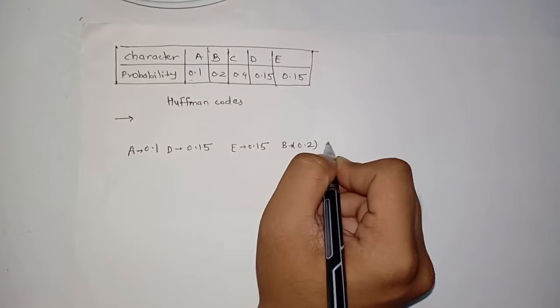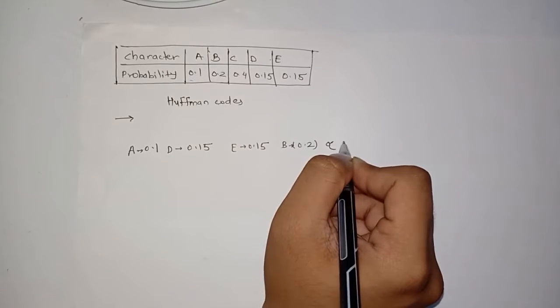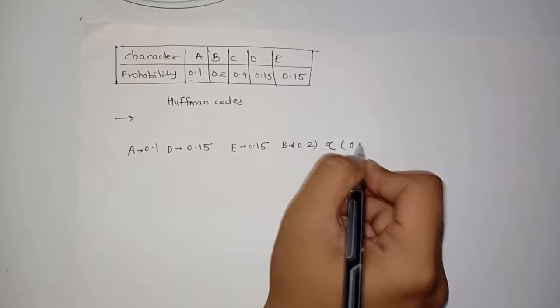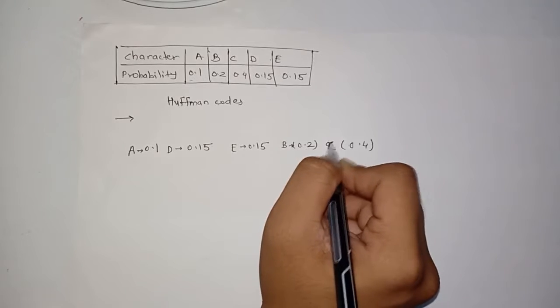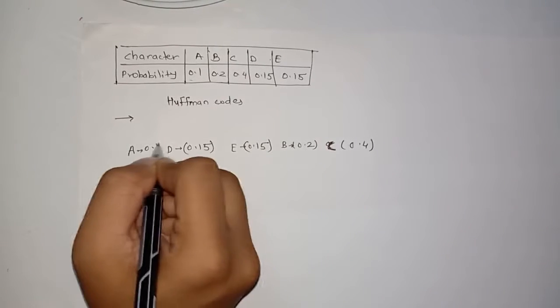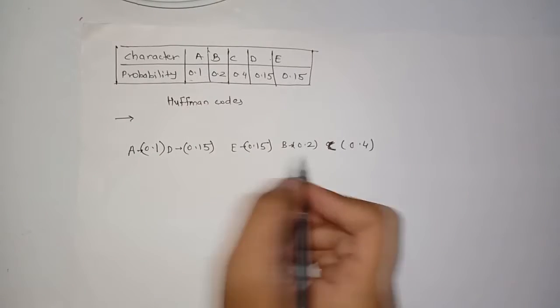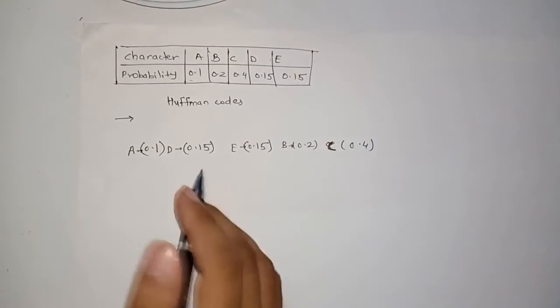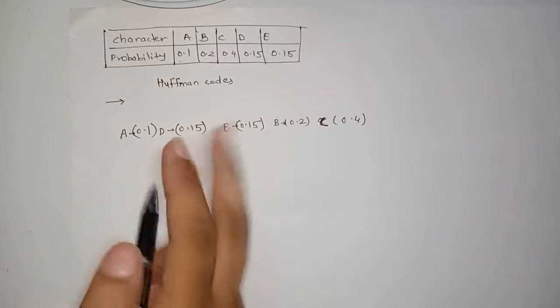After that, C is next, so write C's code. Now these codes are written here in increasing order.